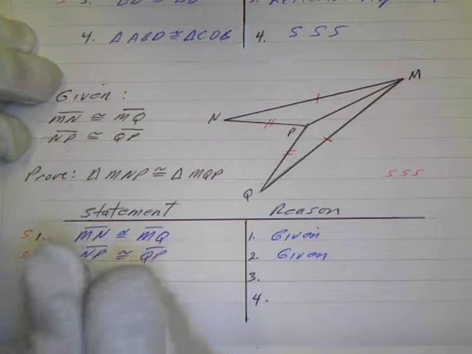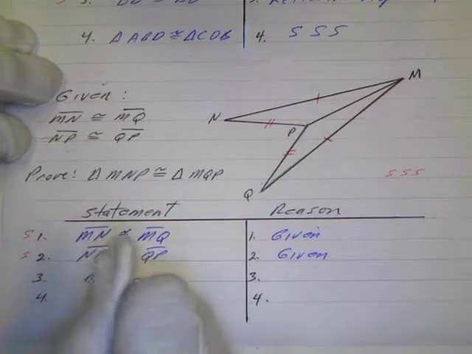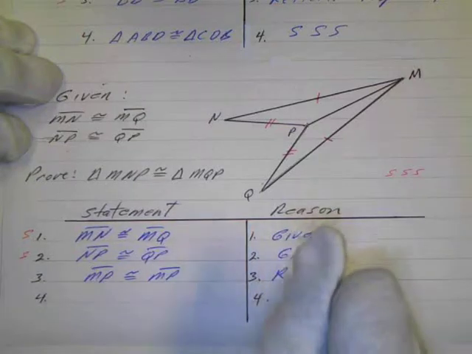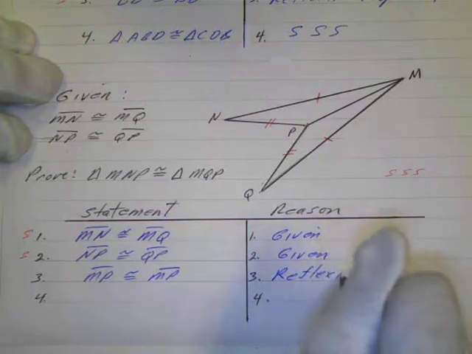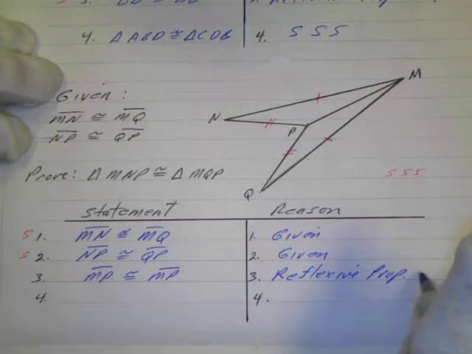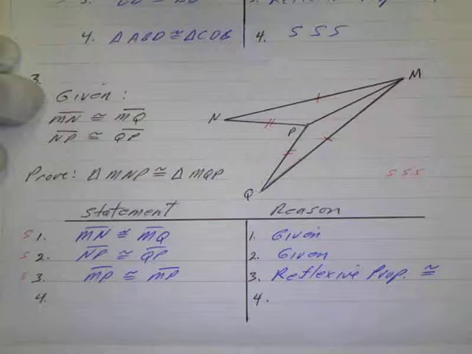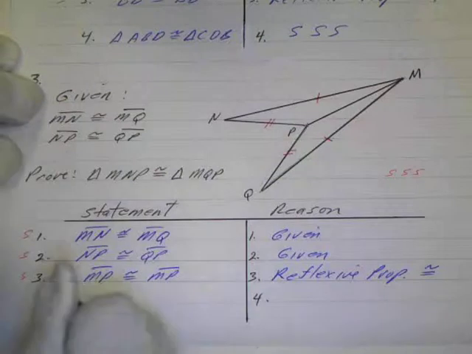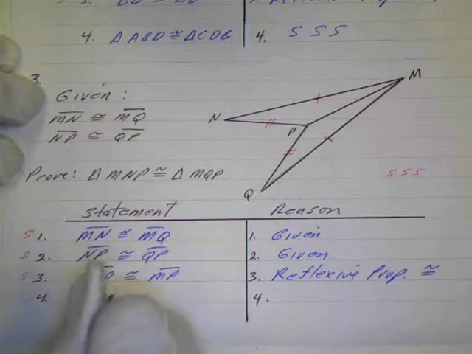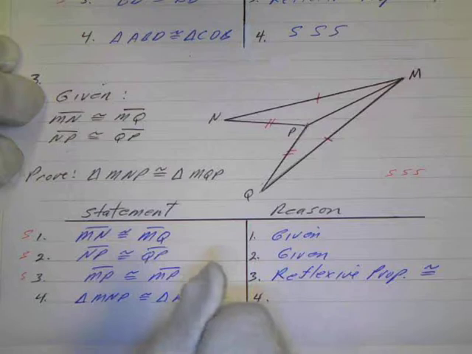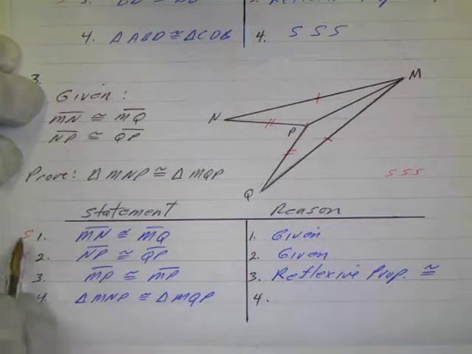So we can say that MP is congruent to MP, and that again is the reflexive property of congruence, and that gives me my third side. So I can now finish it up because I've got side, side, side, so the two triangles are congruent by side, side, side. So triangle MNP is congruent to triangle MQP by side, side, side.